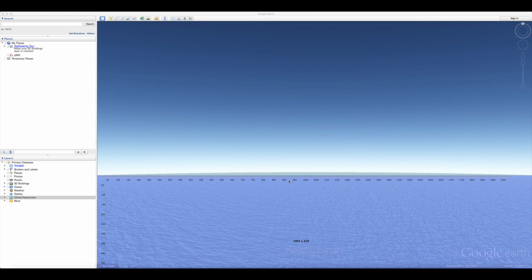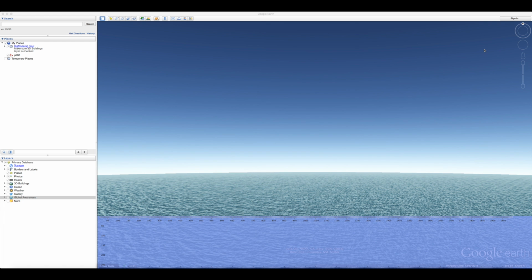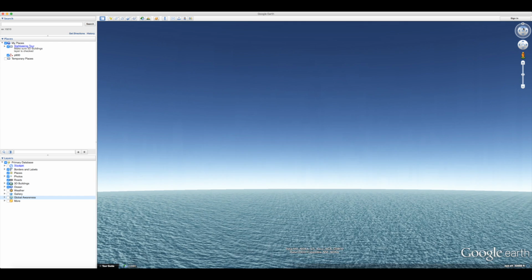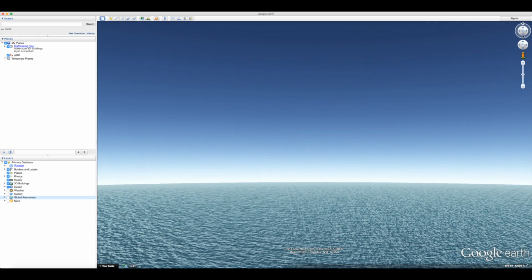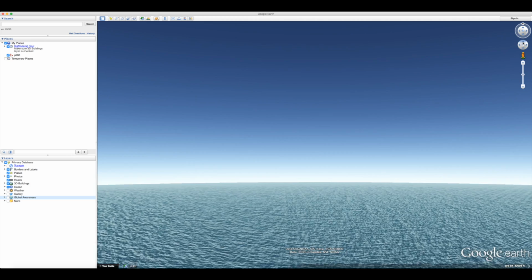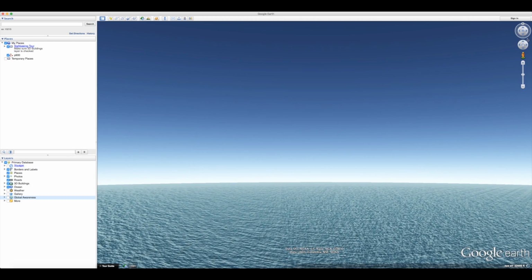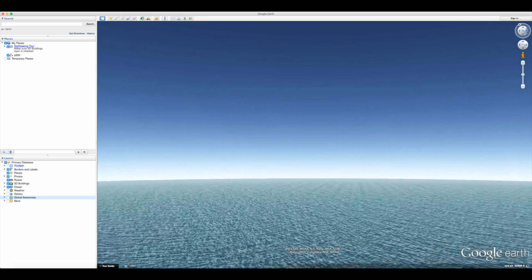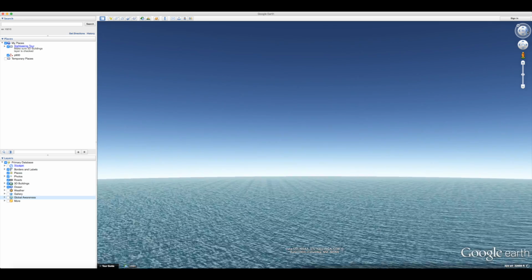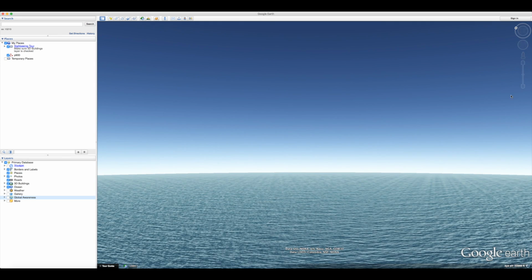This is what you should see at 32,000 feet with curvature. As we're flying along, that's what you should see outside of the window. Very noticeable at 32,000 feet.